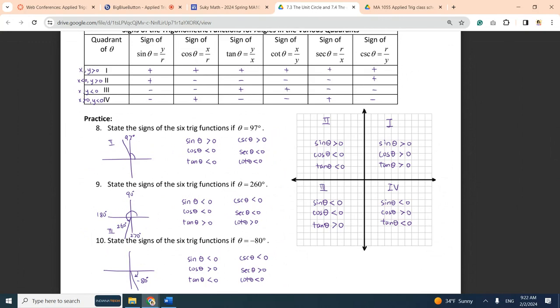Do you have the same answer, everybody, for number 10? Okay. All right, so let's continue. You need more time to write down the notes for number 10?